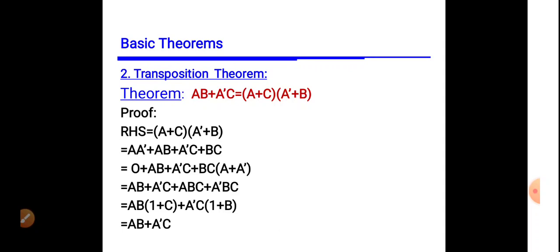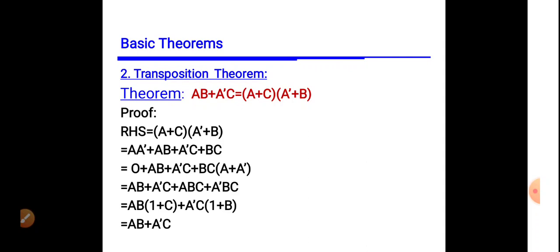So A plus C into A bar plus B: the first term is A dot A bar, second is A dot B, third is A bar C, fourth is BC. Just write them down in a sequence. A dot A bar is 0, the second is A dot B, third is A bar C, fourth is BC. The last one, multiply with A plus A bar, because A plus A bar is equivalent to 1, and 1 multiplied with BC is BC.